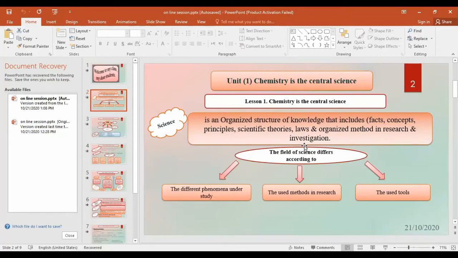And we said that the types of sciences are different from each other according to 3 points: the different phenomena under study, the used method in research, and the used tools, okay?